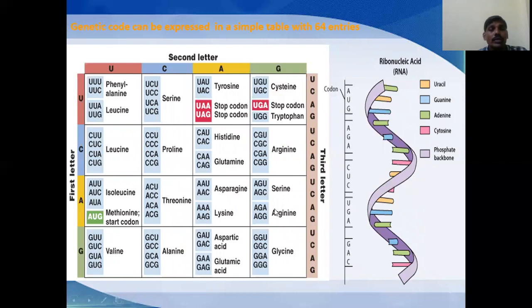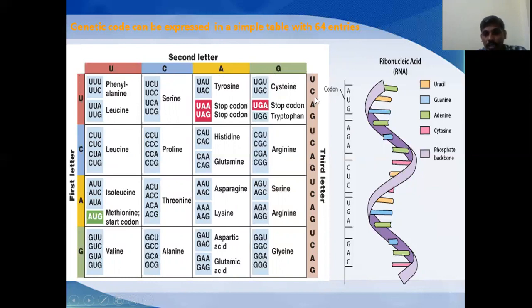So how many codons are formed with the help of the codon dictionary? The genetic code can be expressed in a simple table with 64 entries. For example, in the first vertical column, we have 4 nitrogen bases, that is uracil, cytosine, adenine, and guanine, UCAG. And in one more row, UCAG.